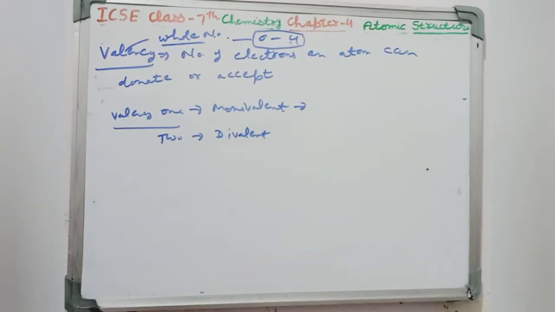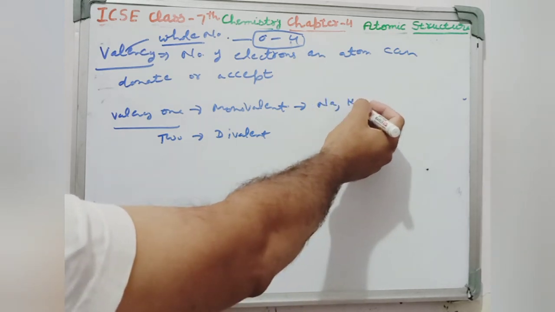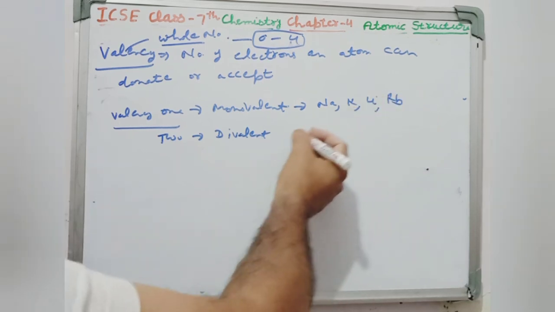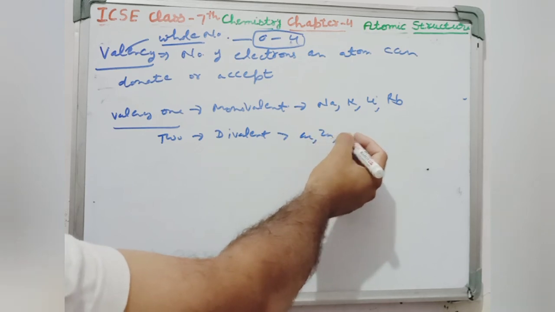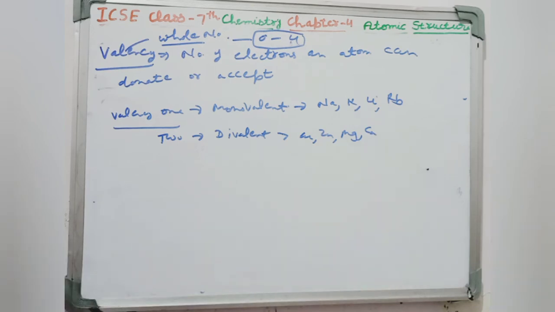Monovalent examples are sodium, potassium, lithium, rubidium. Divalent are copper, zinc, magnesium, calcium.